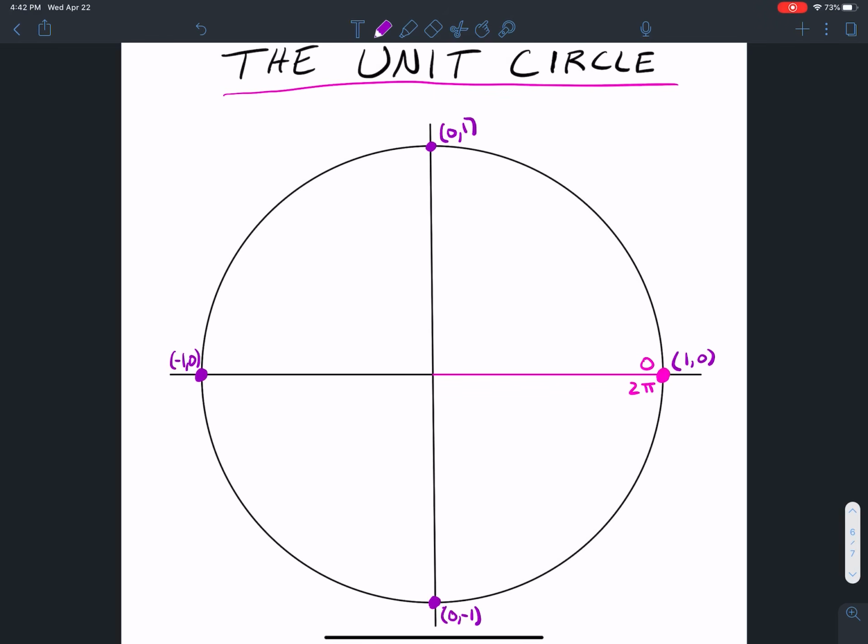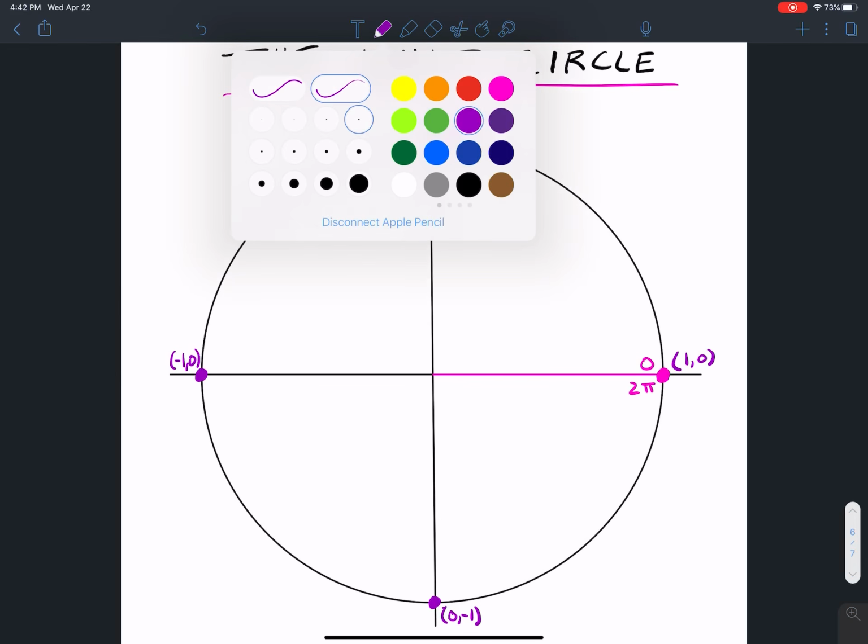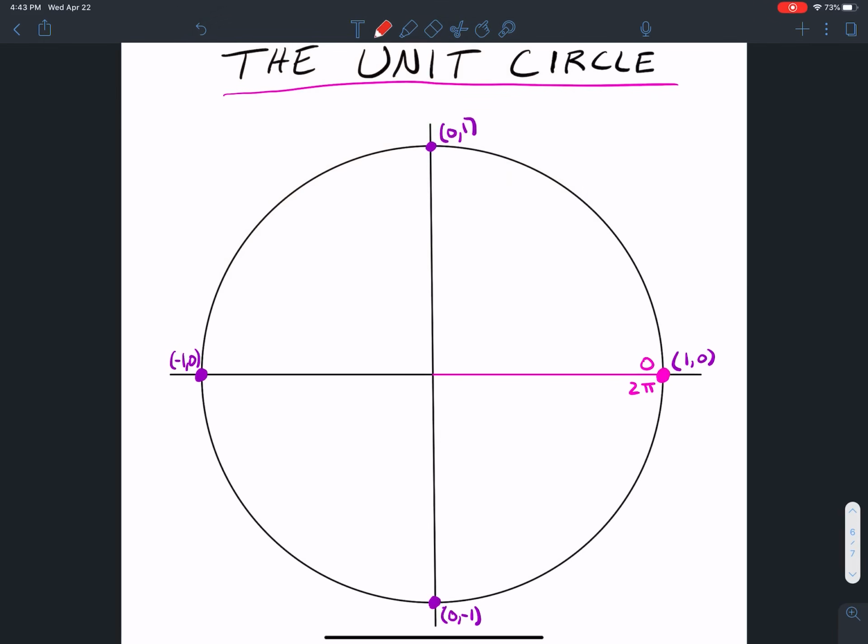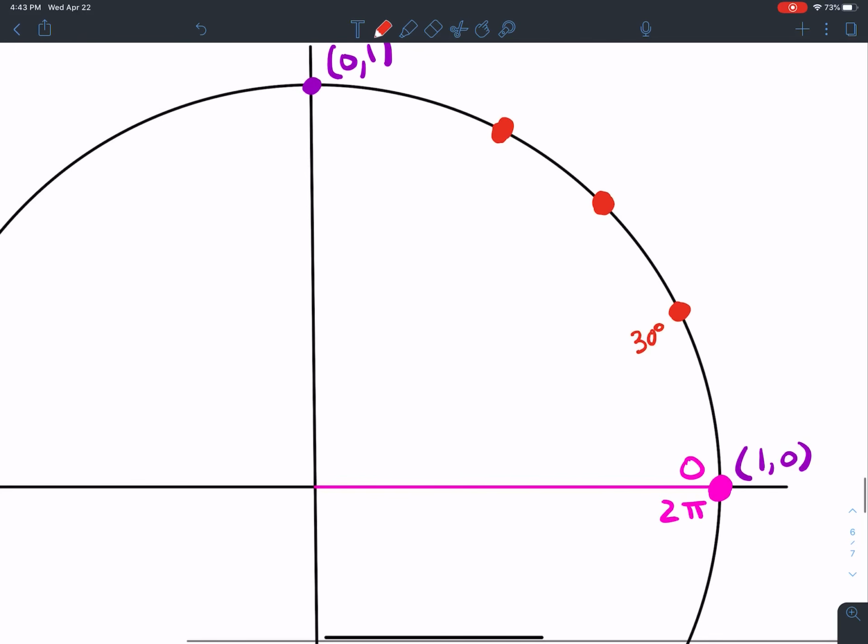Now, to do the 3 points in between, okay, so we've got a 30-degree point, we have a 45-degree point, and we have a 60-degree point. Okay, so this is the 30 degrees here. How do we do this?